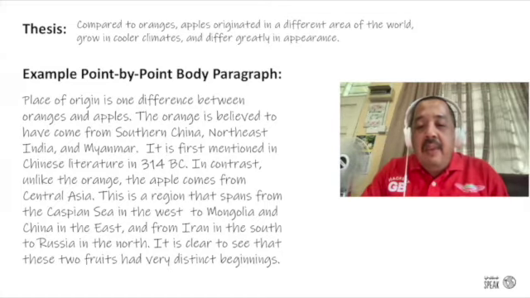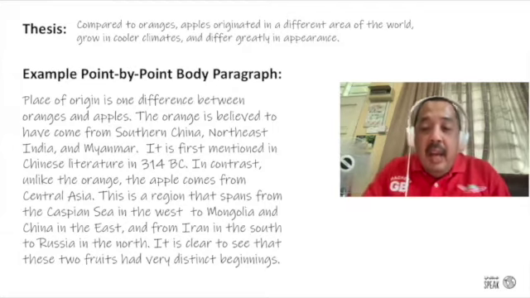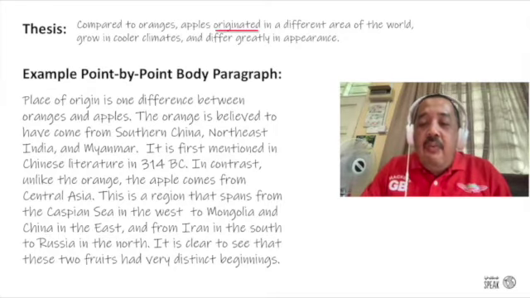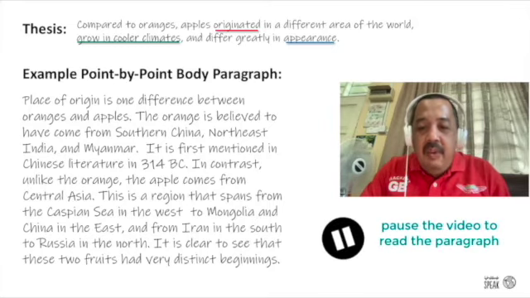Now, this is a very basic body paragraph, and probably you would never write about apples and oranges, something that is very obvious for you to make the comparison. Now we look at the second point of comparison, which is cooler climates, and the third one is the appearance. Now you might want to pause the video here for a second and read the body paragraph so that you have a better understanding of what I am going to say next.